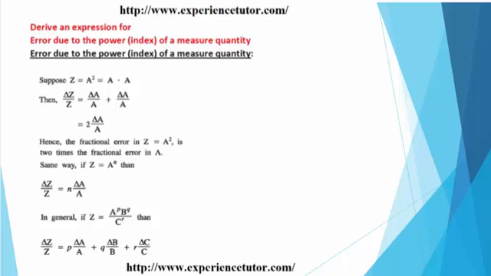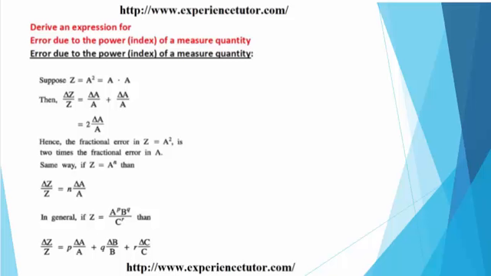Suppose Z is equal to A squared, that is Z is equal to A into A. Then delta Z upon Z is equal to delta A upon A plus delta A upon A, which is equal to 2 delta A by A. Hence the fractional error of Z equal to A square is 2 times the fractional error of A. In the same way, if Z is equal to A to the power n, then delta Z by Z is equal to n into delta A upon A.